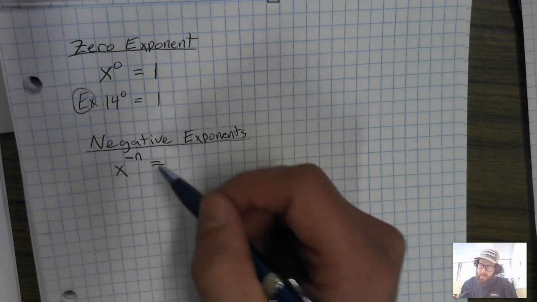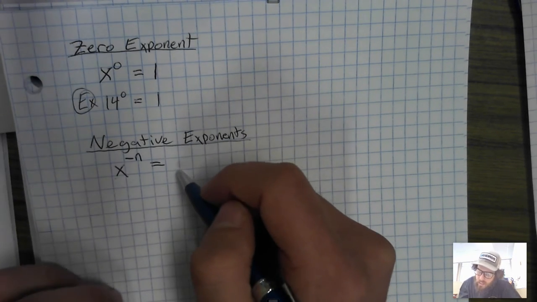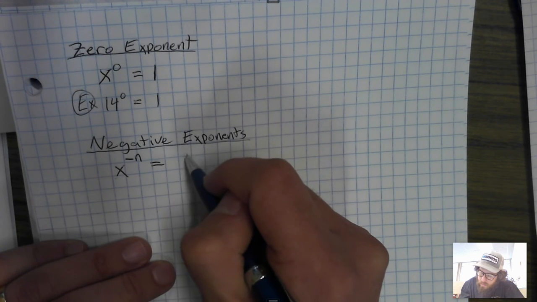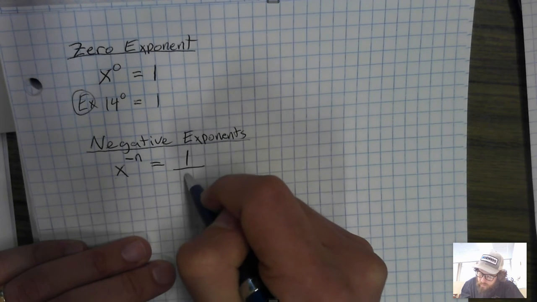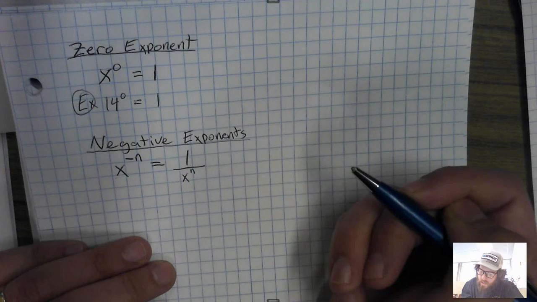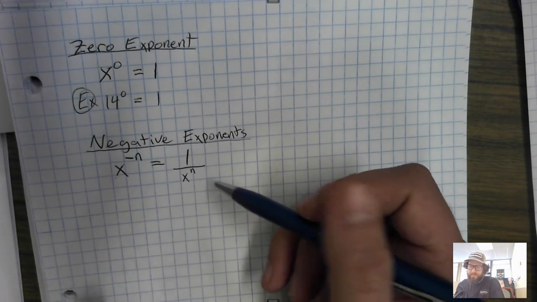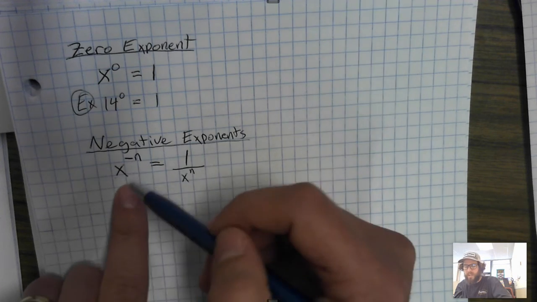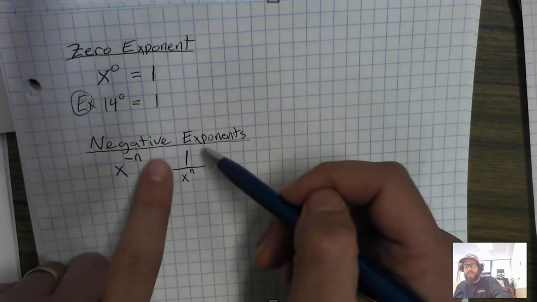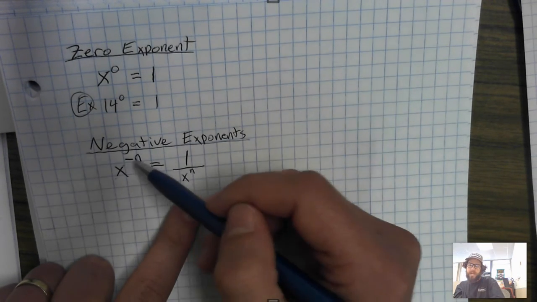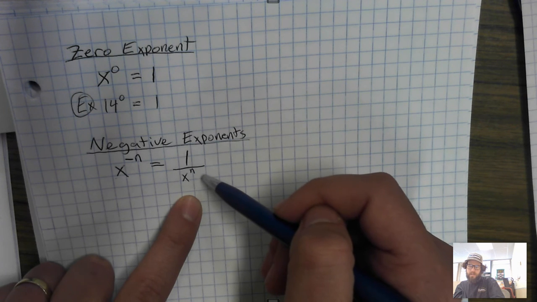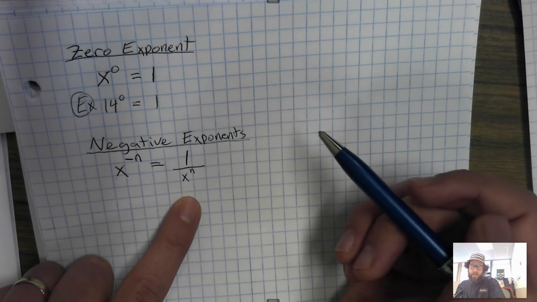And what happens is this negative exponent makes it want to go down. So now I'm going to put a 1 on top. And this is x over 1 to the negative n, or 1 over x to the n. So a negative exponent takes this exponent and base and puts it down into the basement. It sends it down into the denominator, and you get a 1 on top.